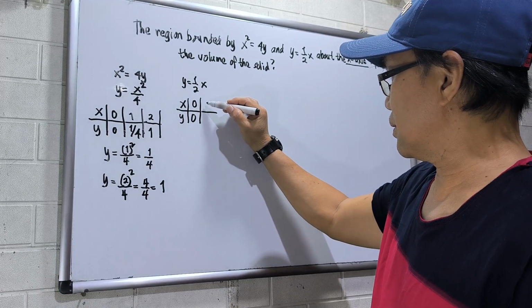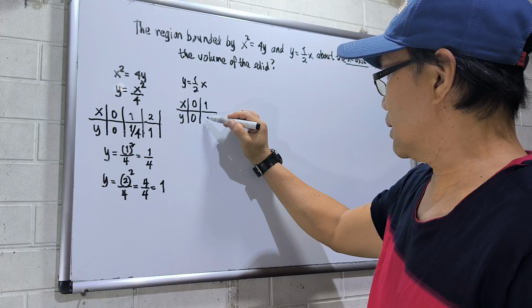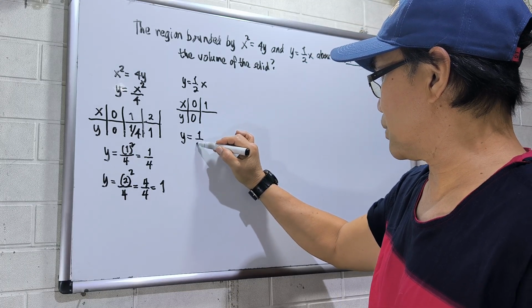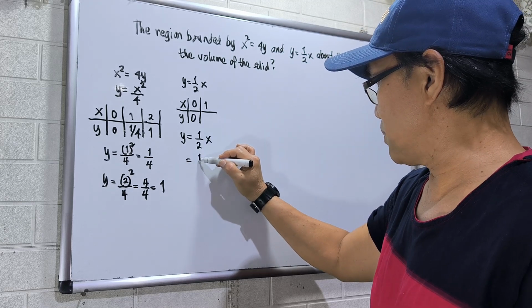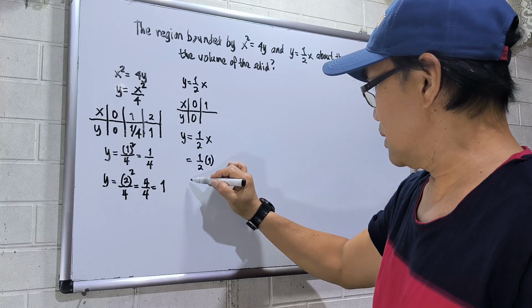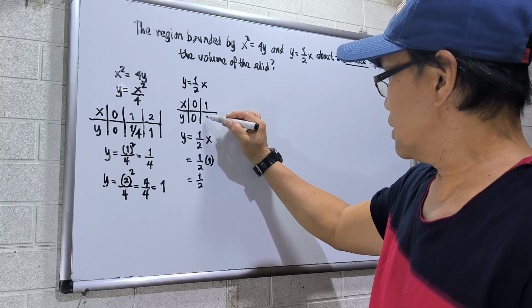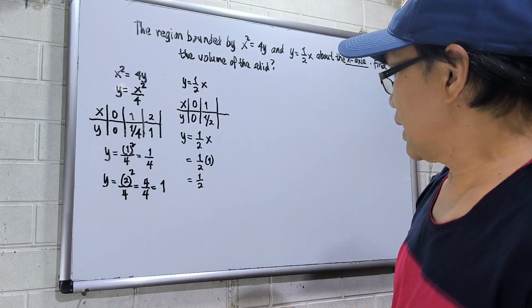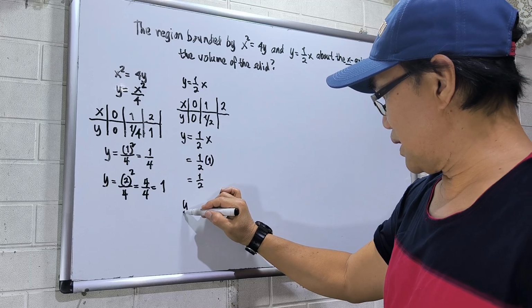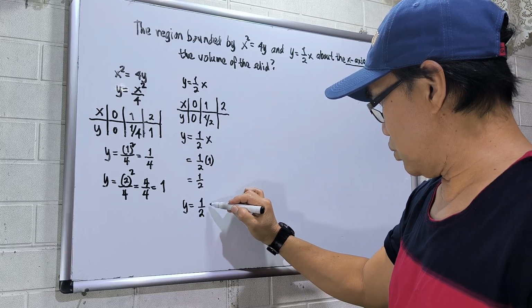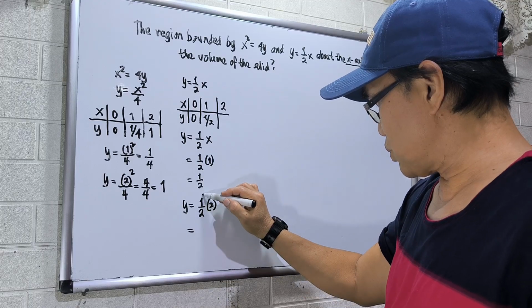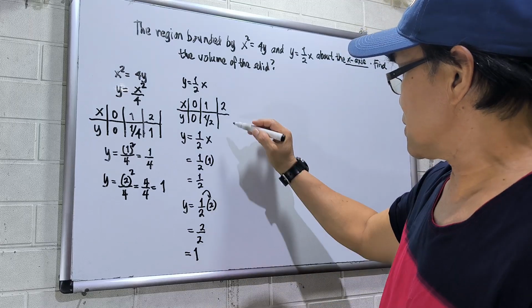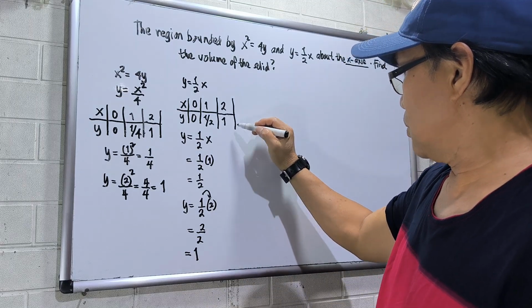When x equals 1, so y is equal to 1 over 2x, meaning 1 over 2 times 1, so this will be 1 over 2. When x equals 2, y is equal to 1 over 2 times 2, that will be 2 over 2, so y equals 1.